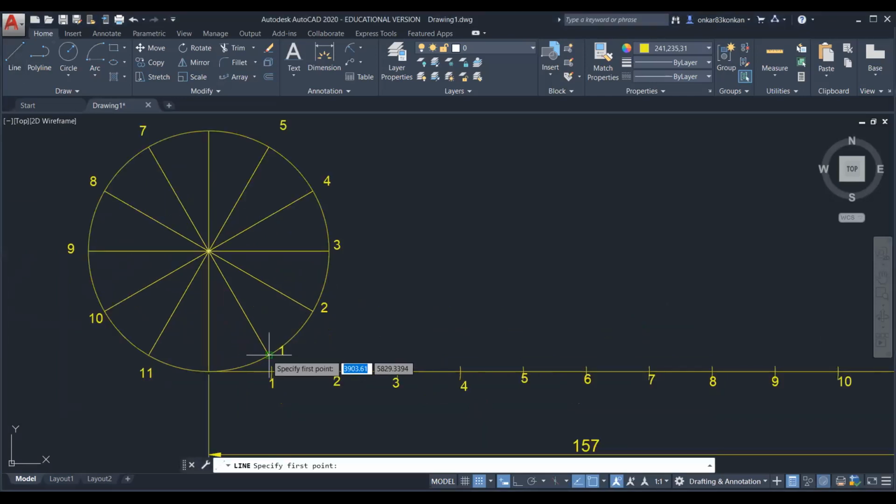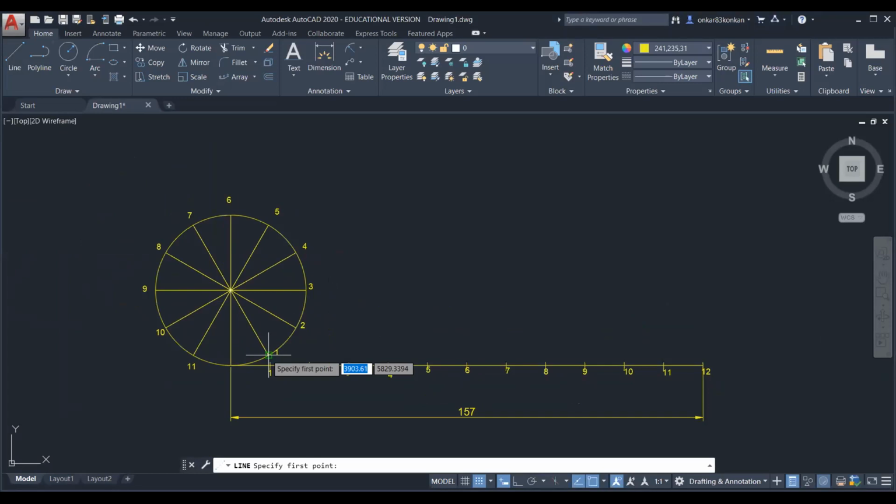So you should draw the tangent line from this point. And when 1 is the center, you should take the length 1 to 12. So first draw tangent lines.